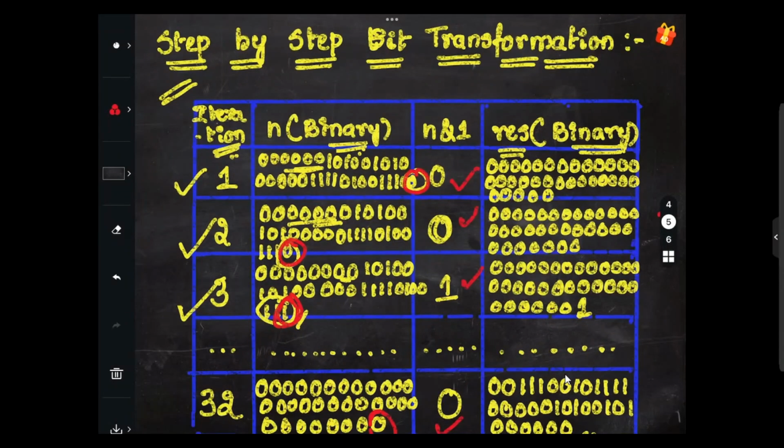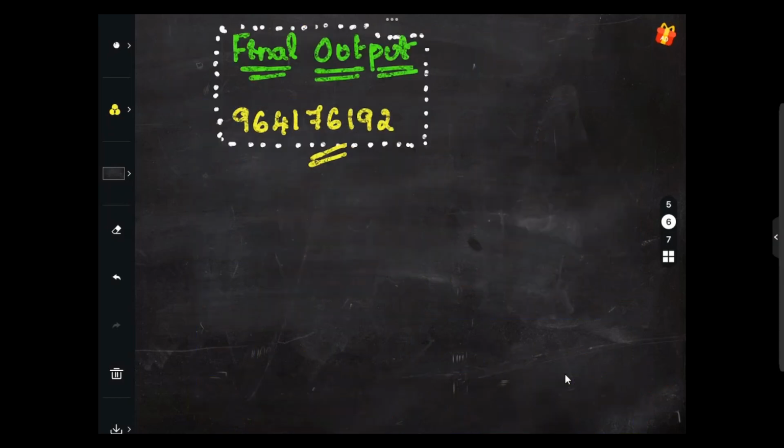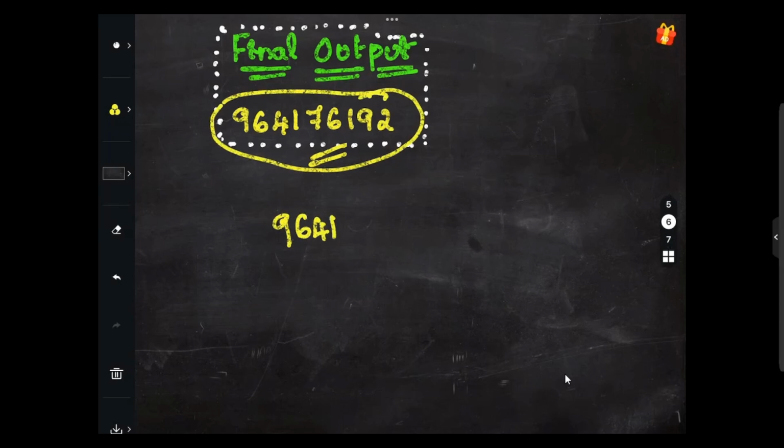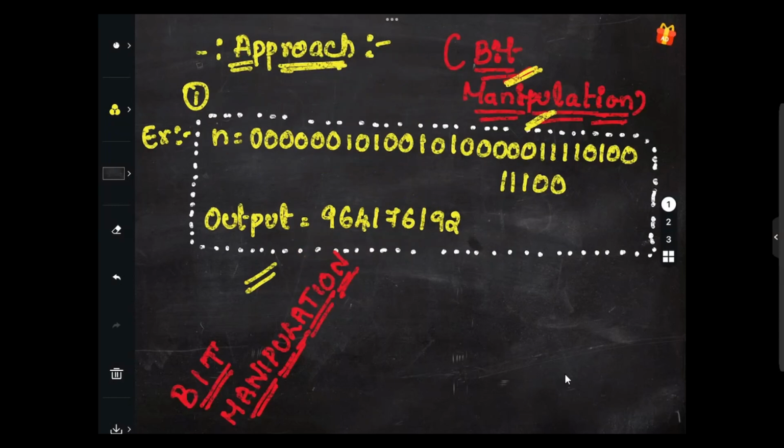Now when we do n and 1, the resulting binary we get is this one for the first, second, and third iteration, and for the 32nd iteration we get the reversed bits, right? When we convert it to decimal finally, we get the output 964176192. This is equivalent to the output that they have mentioned in example 1 in the question, right?